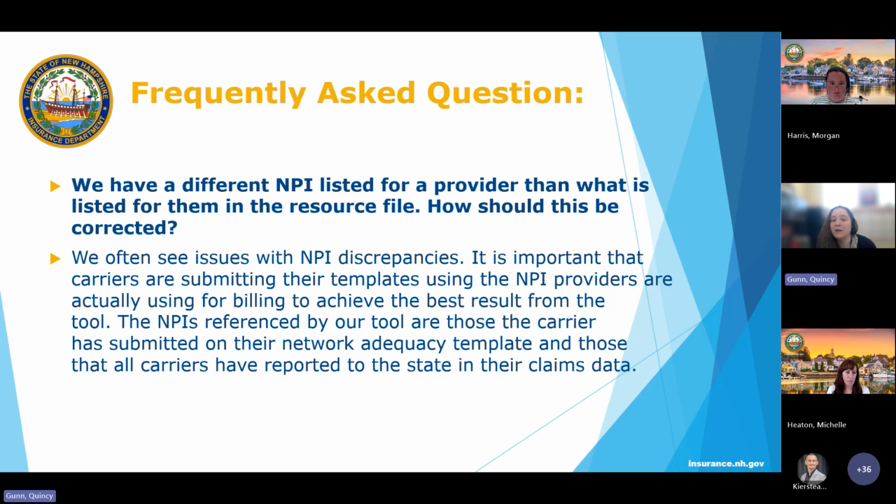So the MPIs referenced by the tool are those that you submit to us on your network adequacy template and those that are being submitted on the claim when providers are billing. So you just want to make sure that you are truly using the MPI that providers are billing under when you submit that on your network adequacy template.